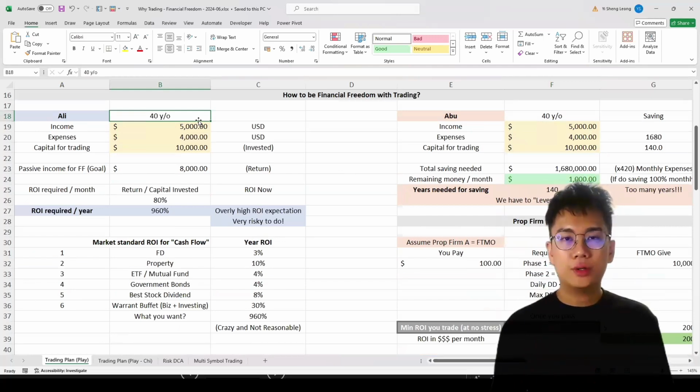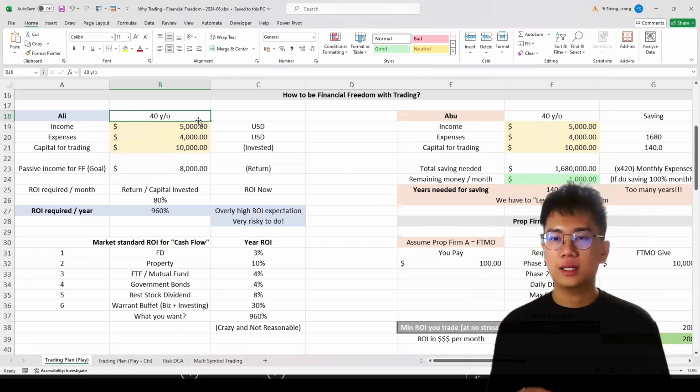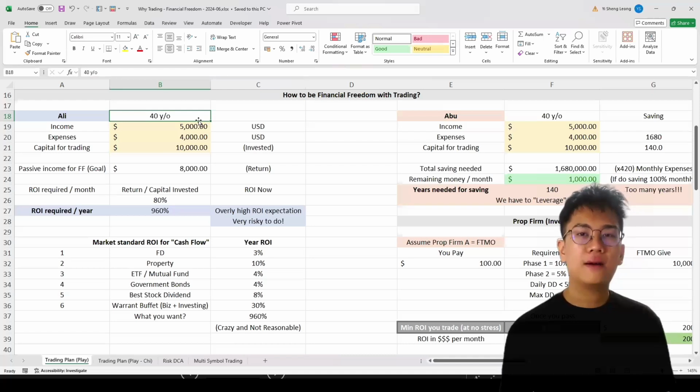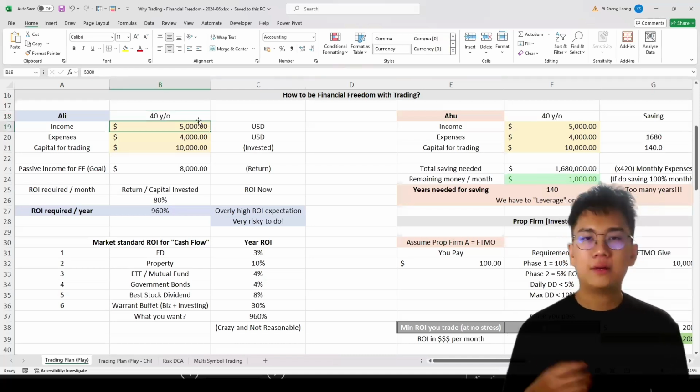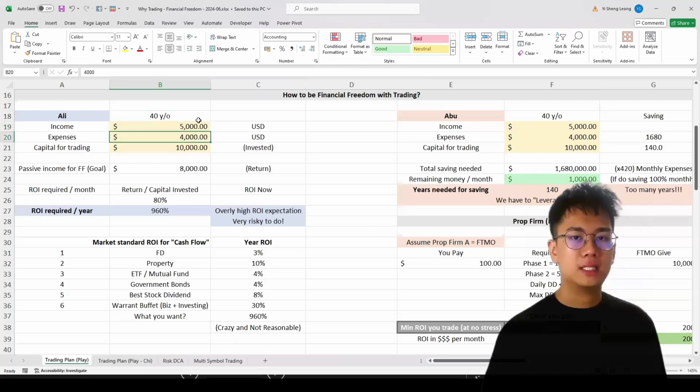At 40 years old, you have a job, children, a car, a house, a nice family, and everything. I believe that at that level, your income is anywhere around 5,000, and your expenses are about 4,000.